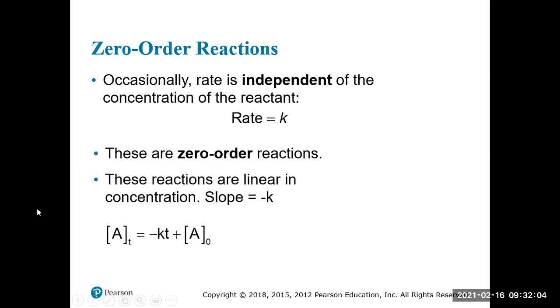Plotted this way, it will be linear. Once again, there was a certain way you could plot second order reactions to get a linear display of the data, and a certain way you could plot first order reactions to get a linear display. It's the same with zero order. You can plot them in this fashion and you'll get a linear plot.